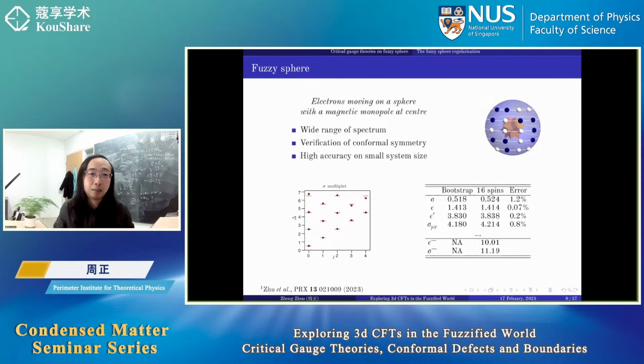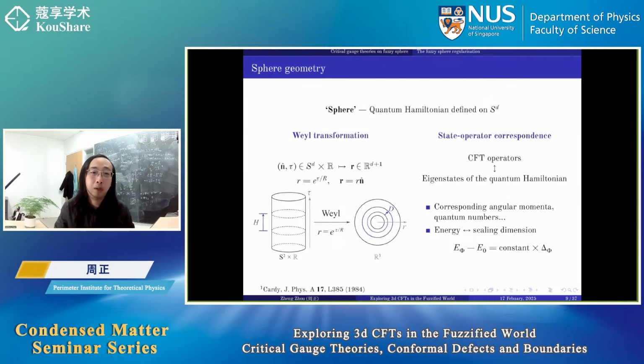To better explain the idea of the fuzzy sphere, we split it into two keywords. First, sphere: we want to put a quantum Hamiltonian on a sphere S^2. This is because, considering the imaginary time direction, this forms a generalized cylinder S^2 times R. This manifold is known to be conformally flat.